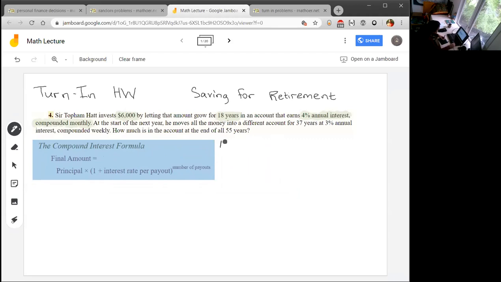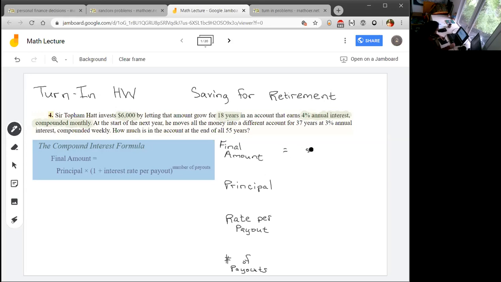So I'm going to write all 4 things I will use and get them organized first.